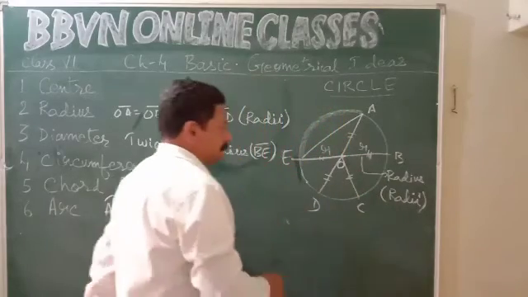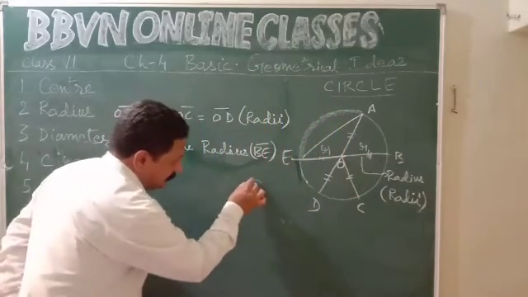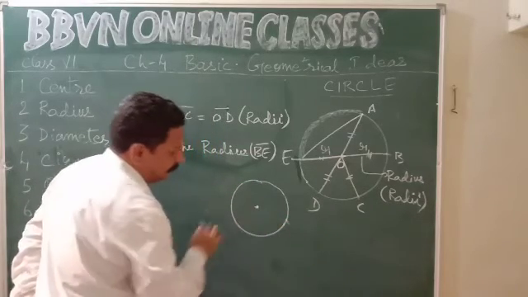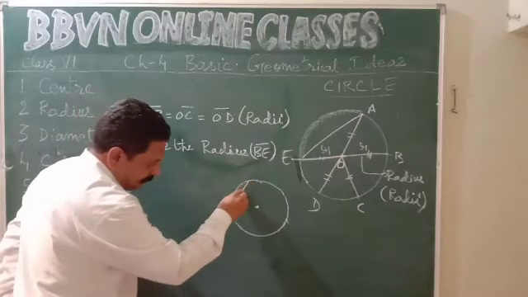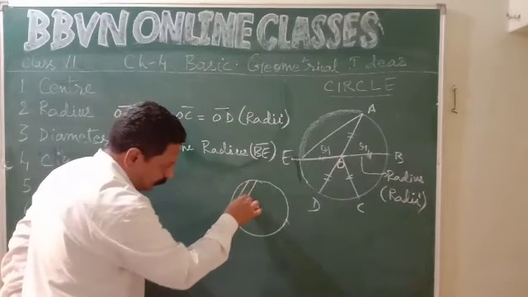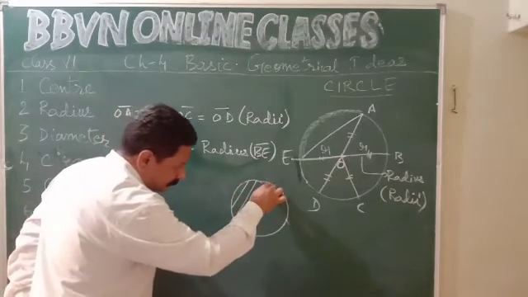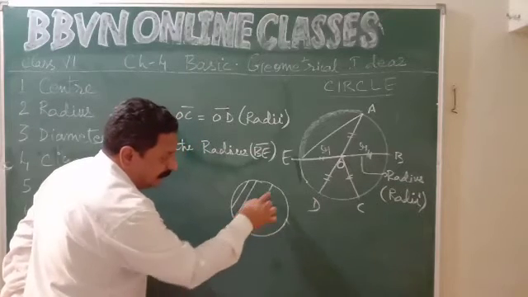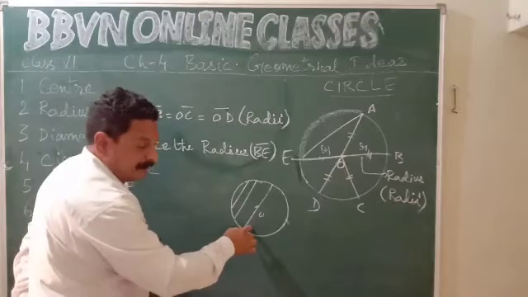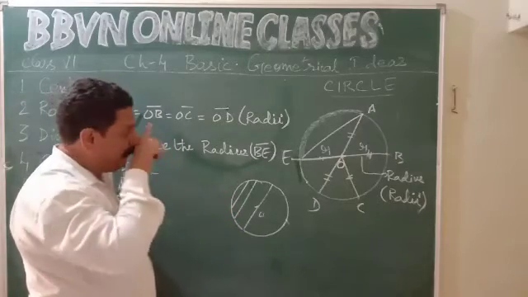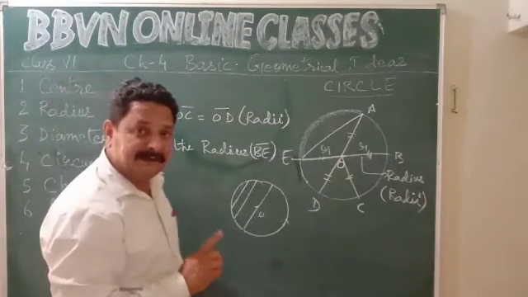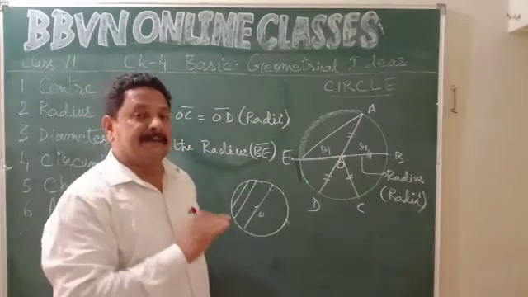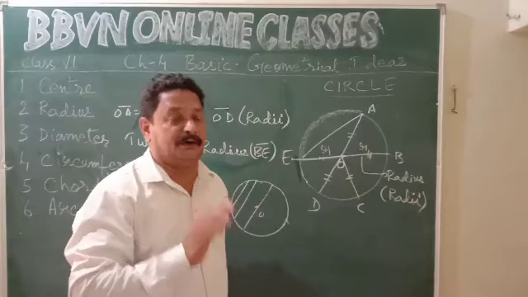One more point. So this is a circle, center of the circle. This is a chord, another chord. Since it is passing through the center, you say it is the diameter, right? Diameter is also a chord of the circle, but it is the longest chord of the circle.